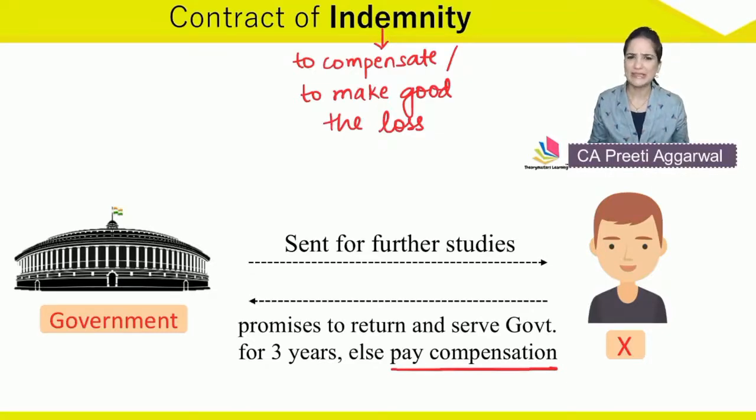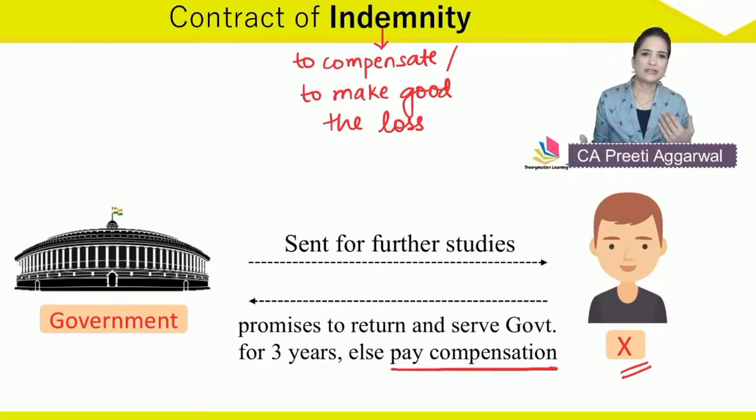Now what is happening in this case? X is promising to compensate the government for any loss that the government suffers because of X not coming, working, giving back the benefit. This is a contract of indemnity.